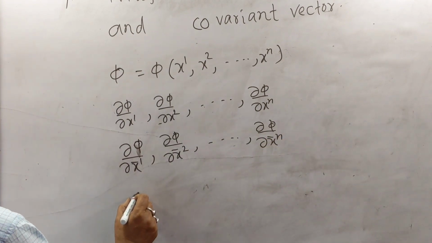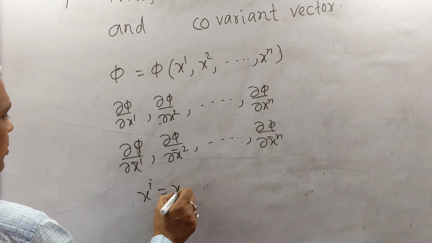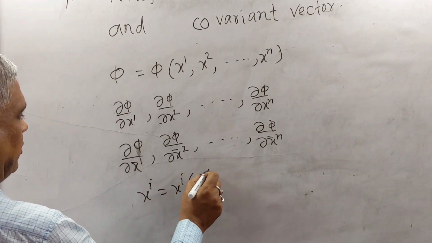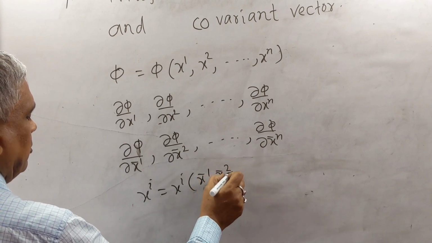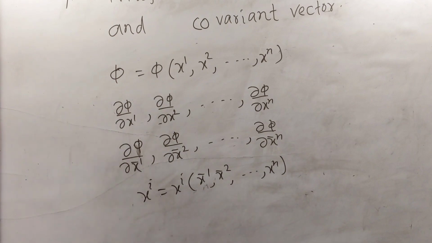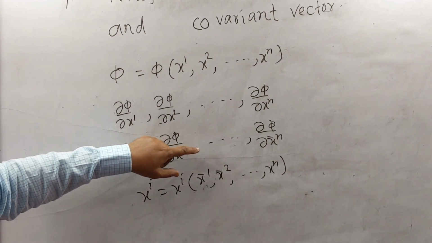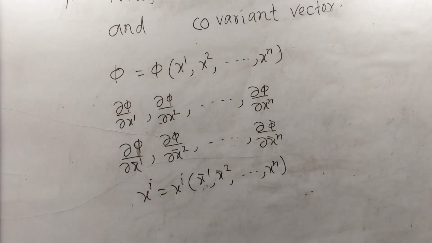Since we know that xi is a function of x bar 1, x bar 2, ..., x bar n, now we relate these components and these components.